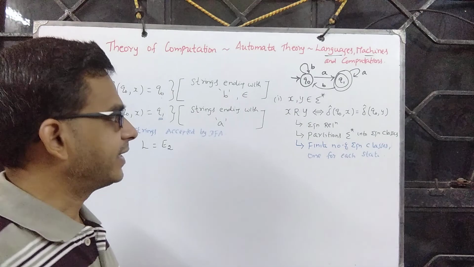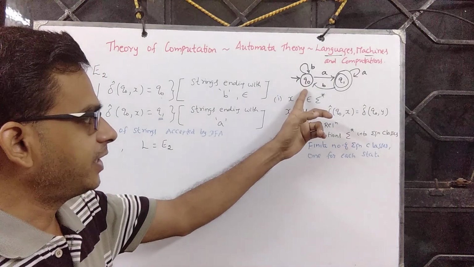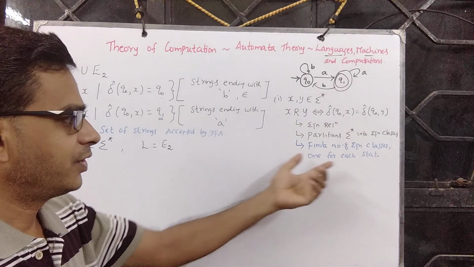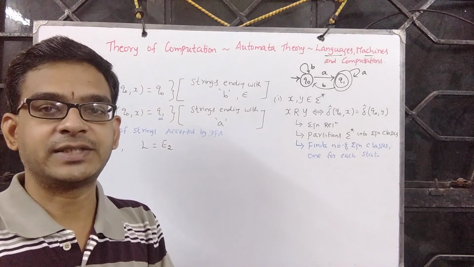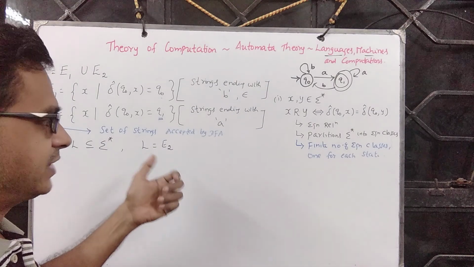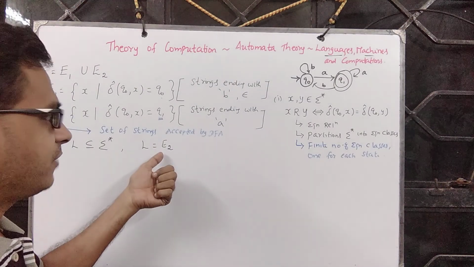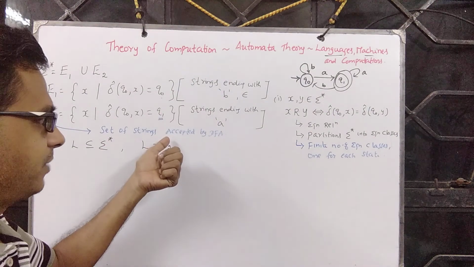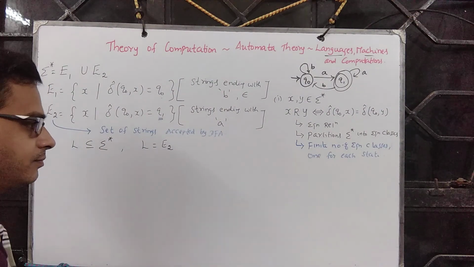So what is this telling us? Given a finite automaton, through this equivalence relation, you get a finite number of equivalence classes. And one of them, in general at least one, is representing the language, the set of strings accepted by the automaton.